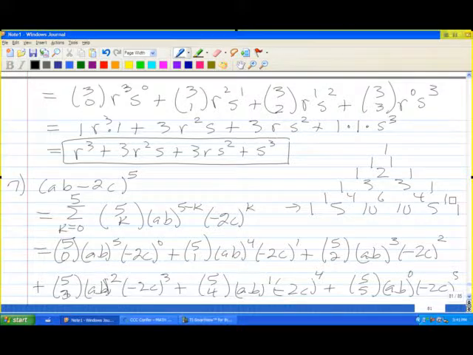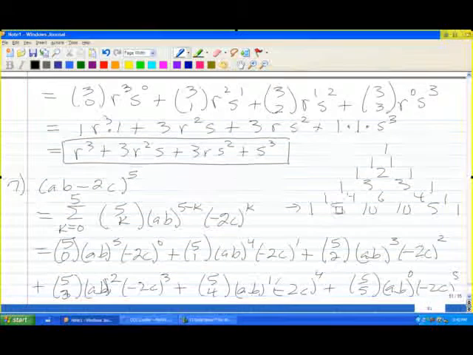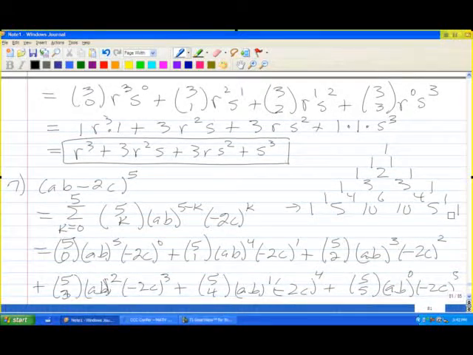Or if I just do 4 divided by 2 is 2, so that would be the case when k is equal to 2. If I looked at the sixth one, we'd have to do one more row out. And so that would be 1, 6, 15, 20, 15, 6, 1.